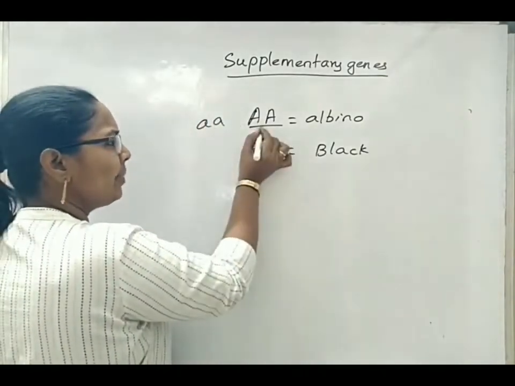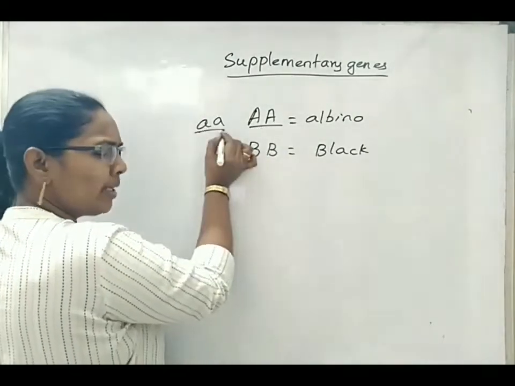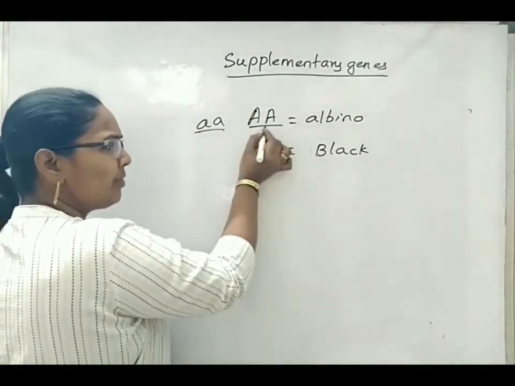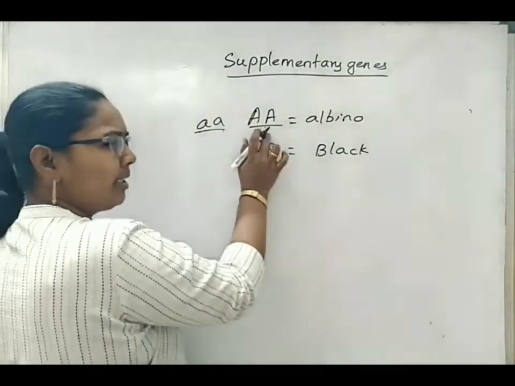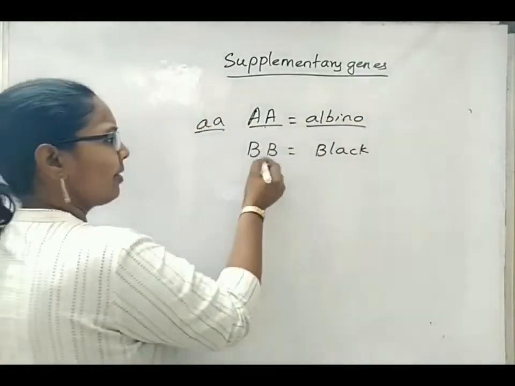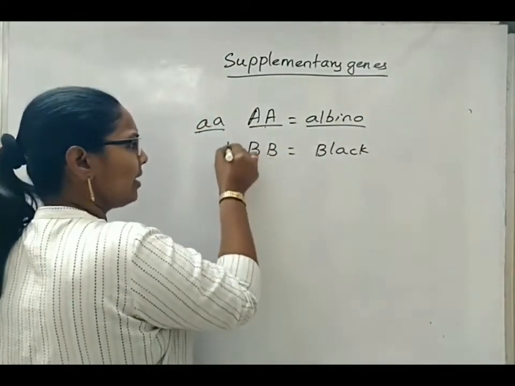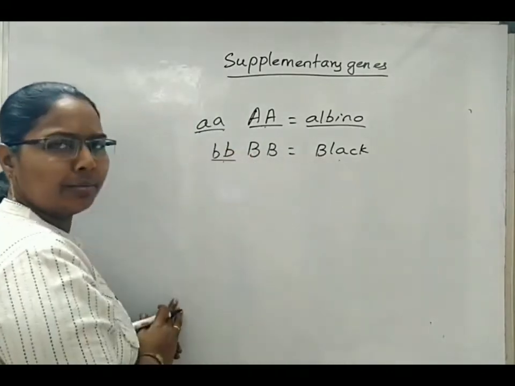When one dominant allele pair is present, it will have its own recessive one. It can be expressed or it may not be expressed in the presence of this type of alleles. That is a secondary thing. So, when these two are present combined as a pair, then it is responsible for albino color. When this exists along with its contrasting allele pair, then it will be responsible for black color.